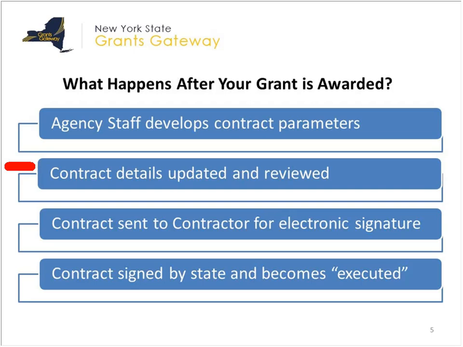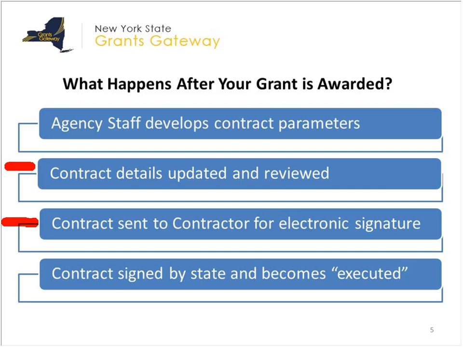Once that's done, there's a couple of internal approvals. The program manager and contract manager approve the contract, and then it gets sent back to you, and this time for signature. So if you remember those roles, this second item, grantee contract signatory or grantee system administrator, could have done all of that.